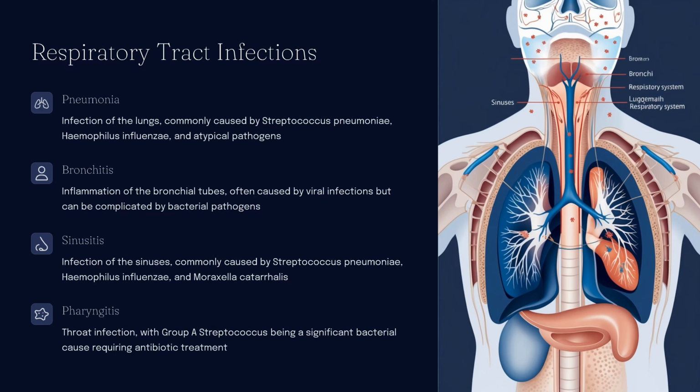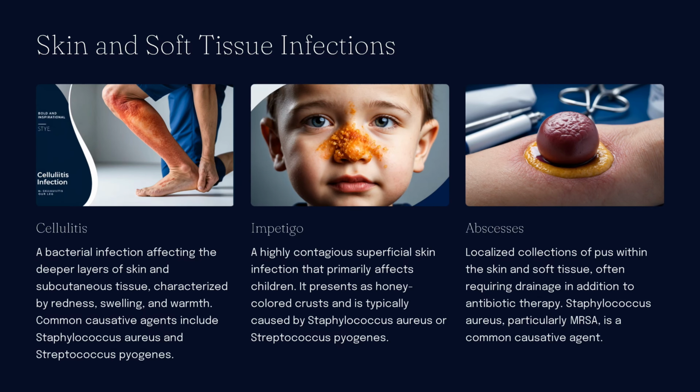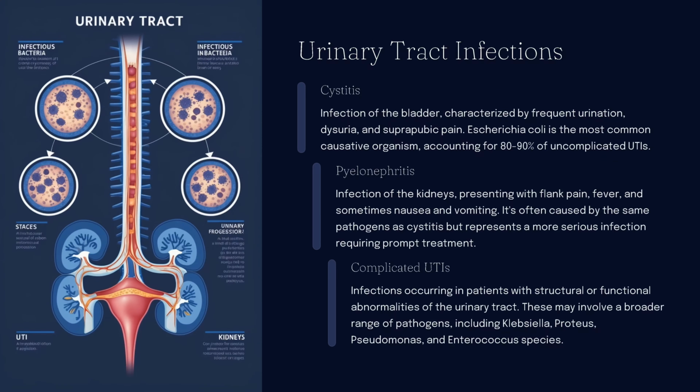Next is skin and soft tissue infections like cellulitis, impetigo, and abscess. The main causative organisms are Staphylococcus aureus and Streptococcus pyogenes. Another class is urinary tract infections, that is cystitis and pyelonephritis. These are caused by bacteria like Escherichia coli and Klebsiella species.